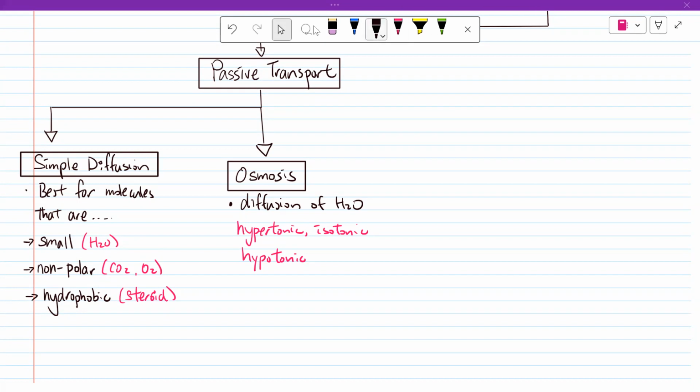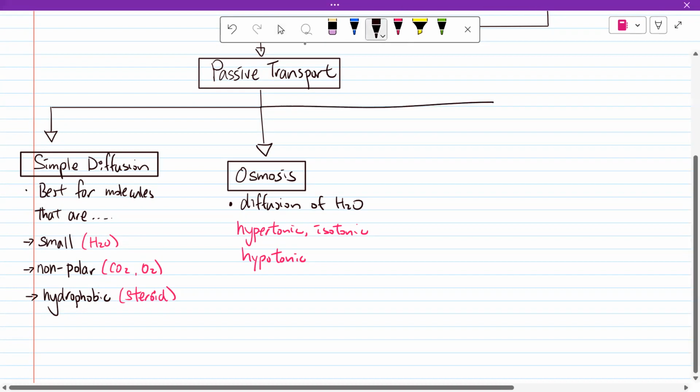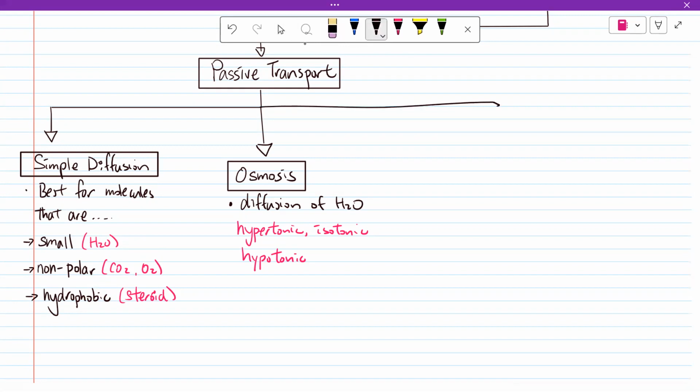Sometimes things are too big and they're not able to cross the membrane on their own. And so they need to rely on the help of membrane proteins, right? So this is called facilitated diffusion.